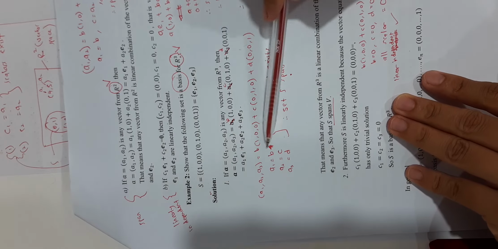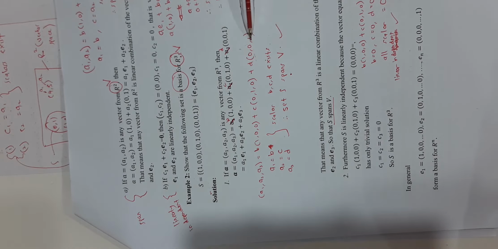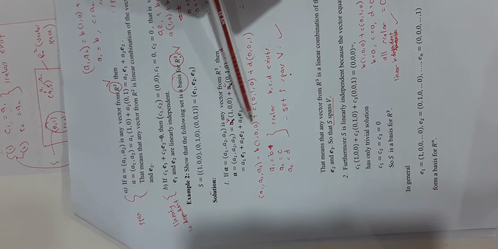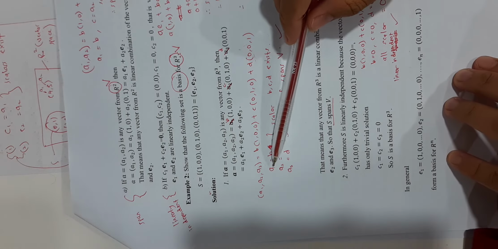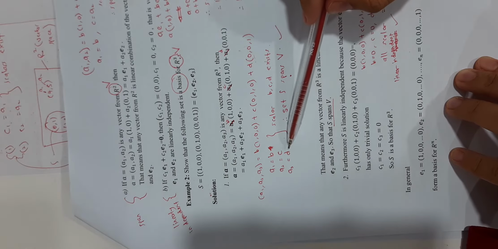If I solve this by simplifying the right hand side and comparing the first coordinate with the first, second with the second, third with the third, I get that A1 is equal to B, A2 is equal to C, and A3 is equal to D.